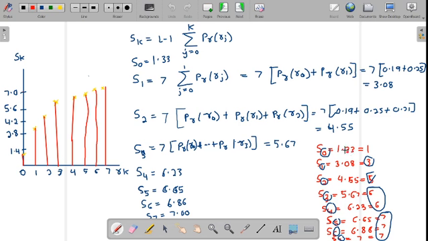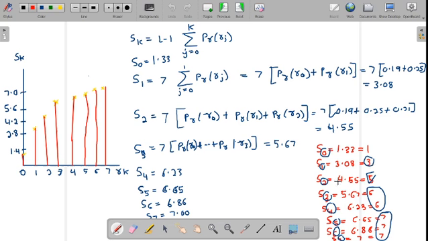Since this is 3, it is rounded off to 1. 3.0 you keep as 3, 4.5 means 5, next 5.67 means 6. Again here 6.2, since it is 2, we retain it as 6. 6.65 means 7.